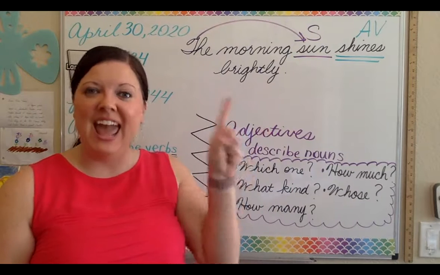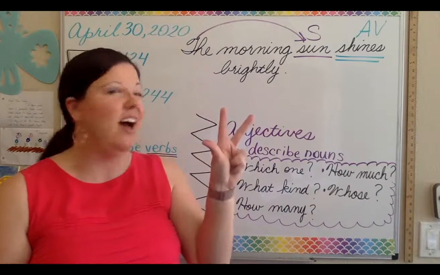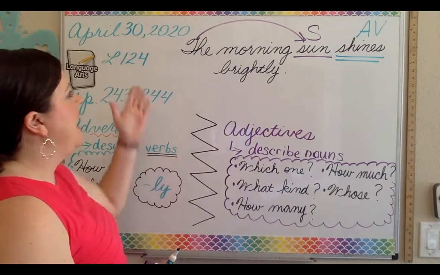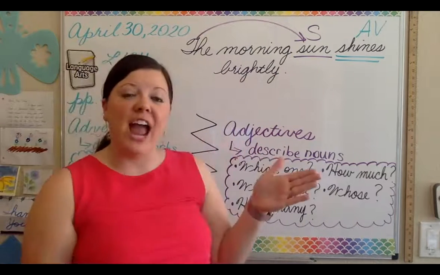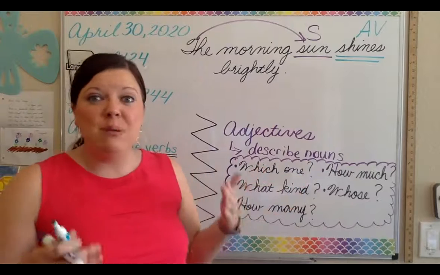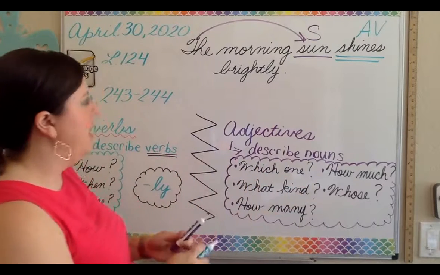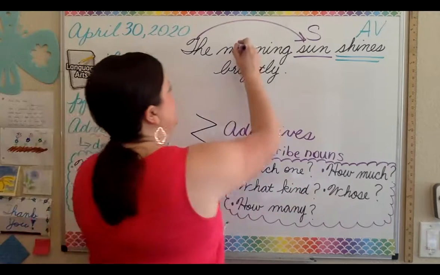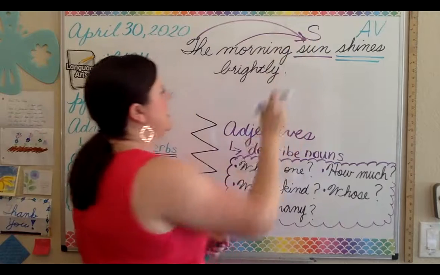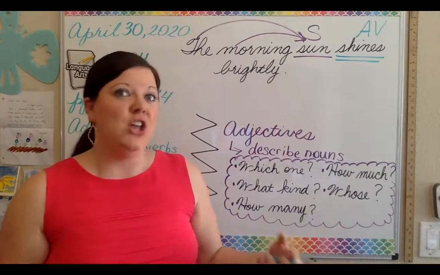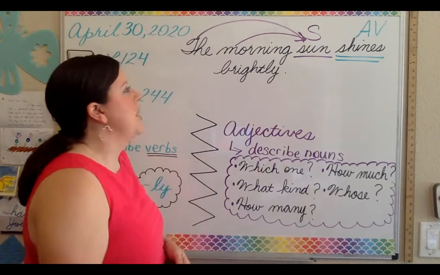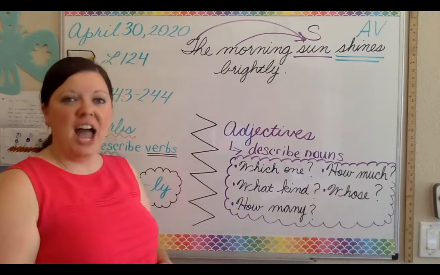Say them with me. A, an, and the. Now, there's another adjective giving a little more information about the sun. The morning sun. That tells us that this sentence is happening first thing in the morning, not later in the afternoon. The morning sun shines.